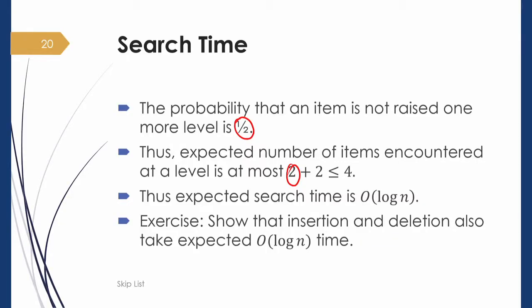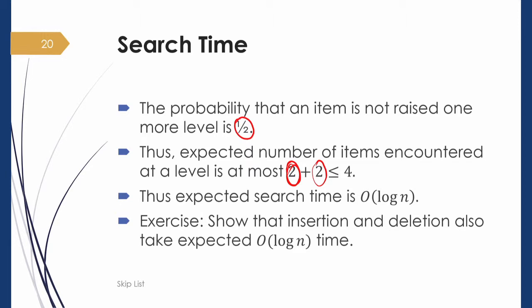So, now let us count the expected number of items that our search procedure will encounter at each level. There will of course be the two items that we will encounter that are promoted, and then because it is a geometric progression within a level to get to an item that actually produced a heads and therefore was promoted, the number of such items can be at most 2 on expectation.